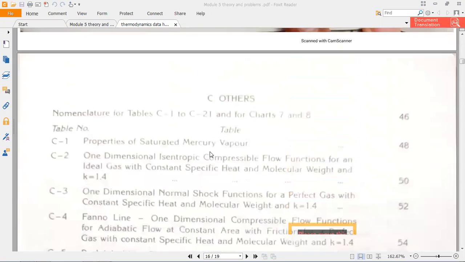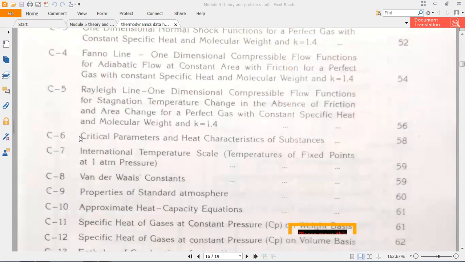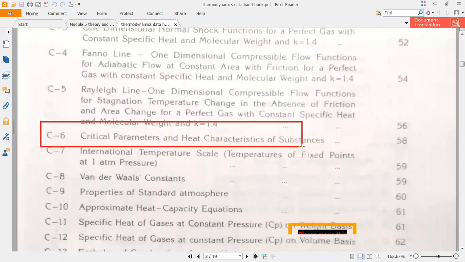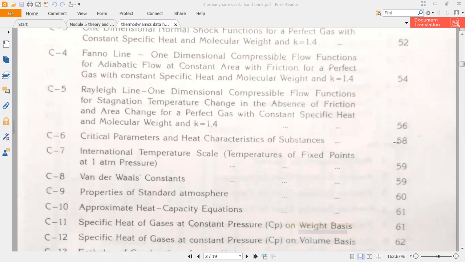This is the contents. See here, table C6, critical properties and characteristics. C8, van der Waals constant. Now we are going to take the values. Go to C6, page number 58.